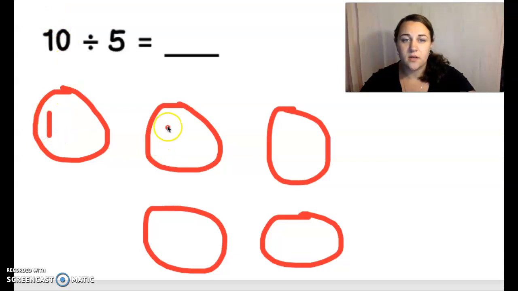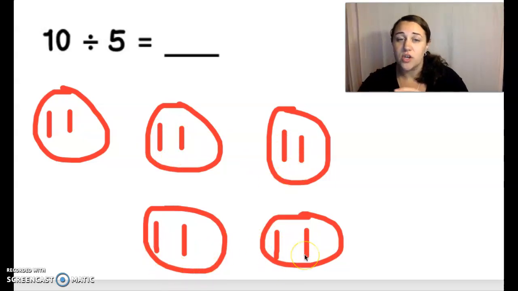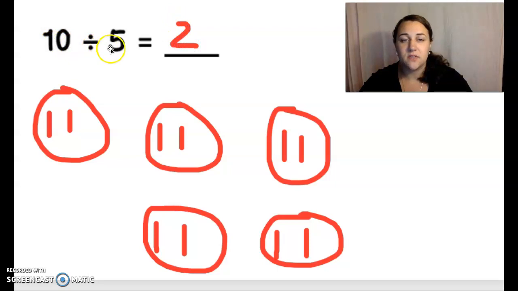So 1, 2, 3, 4, 5, 6, 7, 8, 9, 10. And how many are in each group? Well, I see 2 in each group. So 10 divided by 5 equals 2.